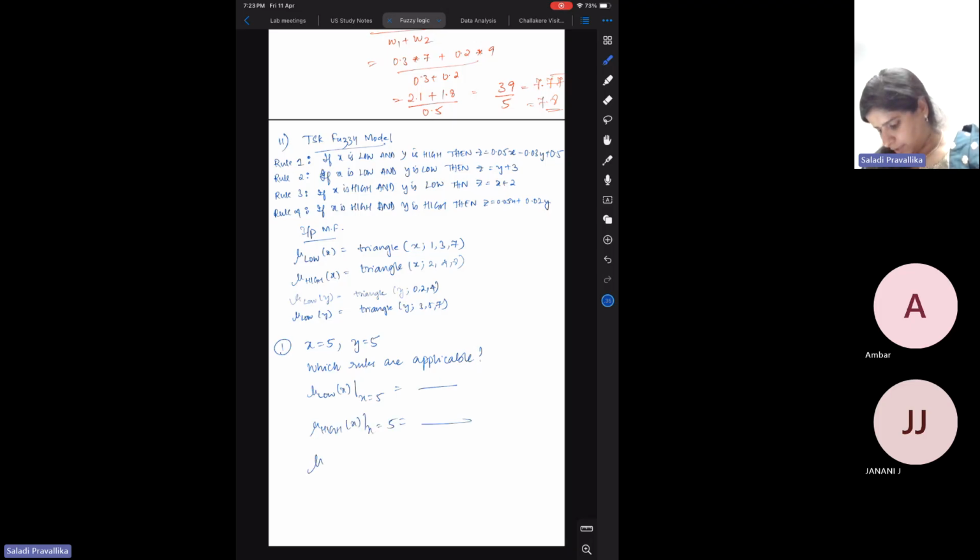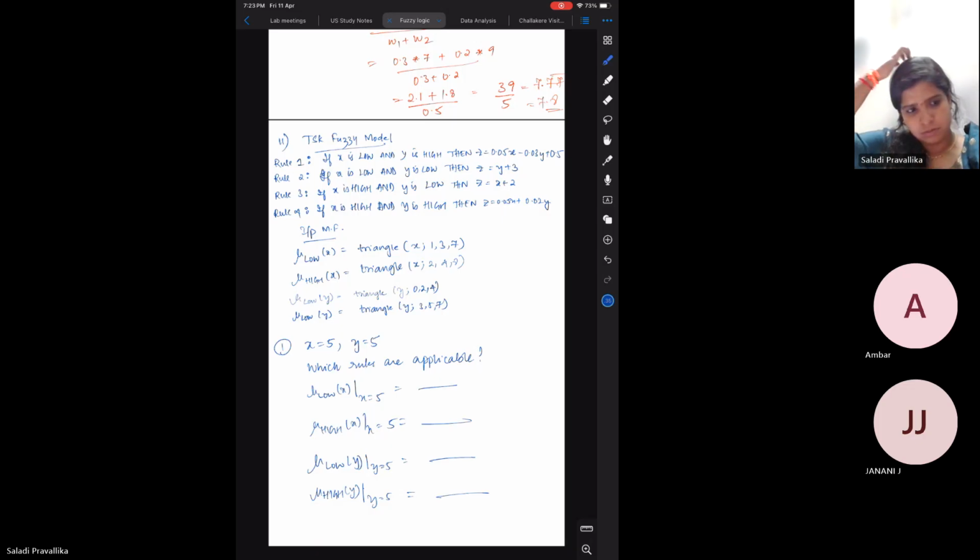I want these values first. Should we follow max min composition model?